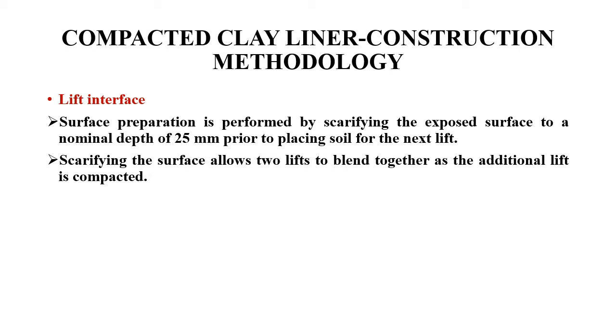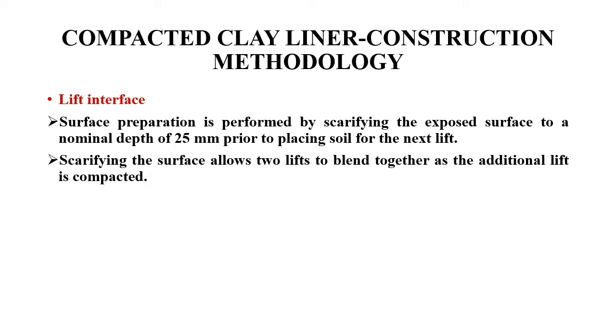You scratch it, so you do a sort of scratching or roughening to a depth of 25 mm in the liner lift constructed, and then after the scarifying process, you pour the next layer of lift and compact it over the underlying lift. Again the newly laid lift will be scarified or roughened to a depth of 25 mm, and only then will the next lift be laid.